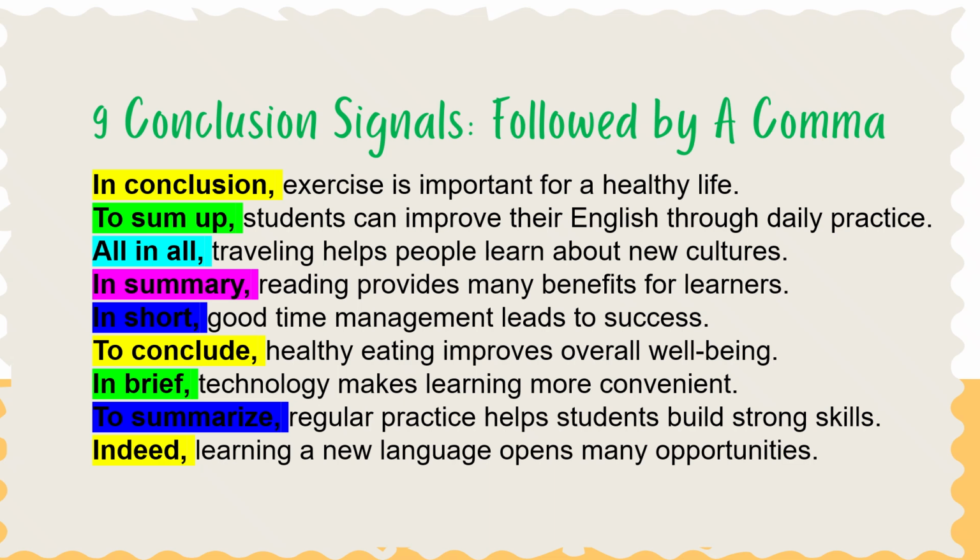That is boring, right? So the first time use in conclusion, and the next time you can think about using a different one. You can use to summarize, or you can use all in all, right? You can change to use to sum up, make it diverse or varied.